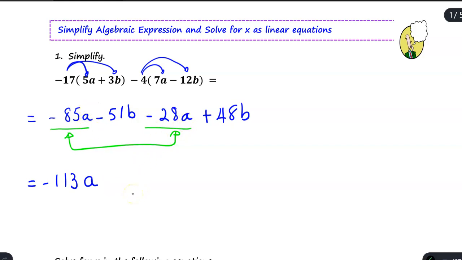The next step is we need to combine this term and this term, because we have the like term b. So I will write the b, then the operation of the integers for the coefficient would be negative 51 plus 48. Negative 51 plus 48 will give me negative 3.